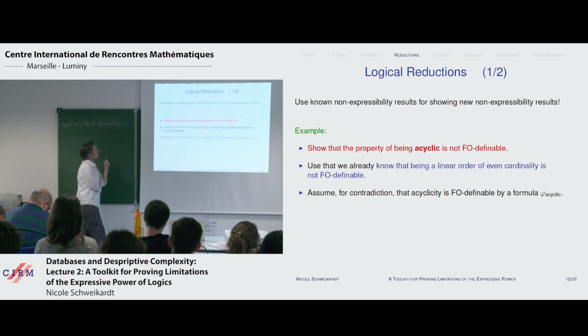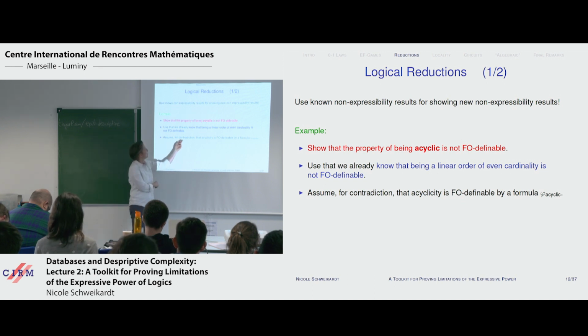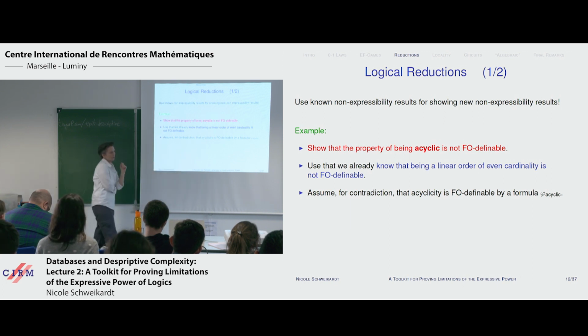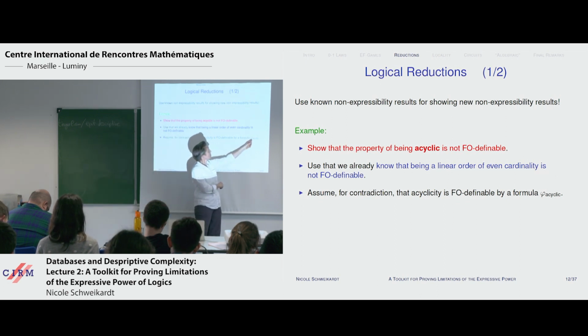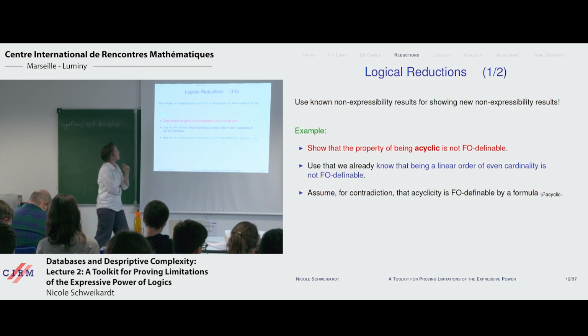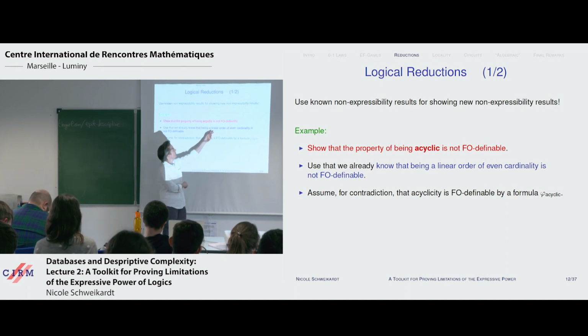And the proof idea is you do a reduction, so you assume for contradiction that being acyclic is first order definable. And then I want to change this formula, which tells me the graph is acyclic, into a formula which tells me a linear order has even cardinality.